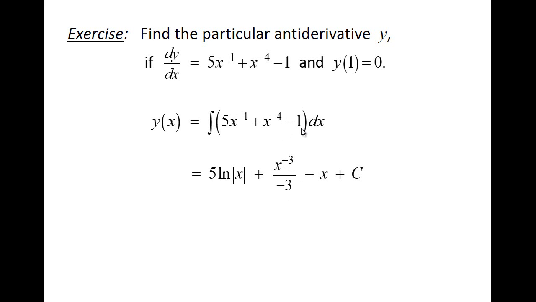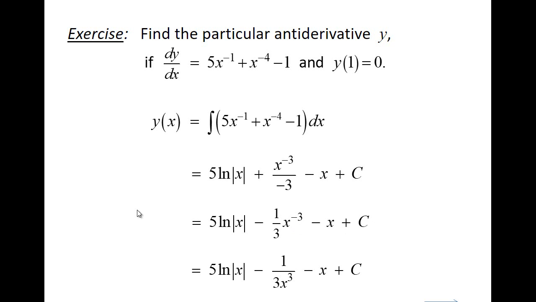And the integral of negative 1 is negative x, and then plus a constant. So let's clean it up a little bit. We get 5 ln of absolute x minus 1/3 x to the negative 3 minus x plus c. And further, x to the negative 3 can be written as 1 over x to the positive 3.